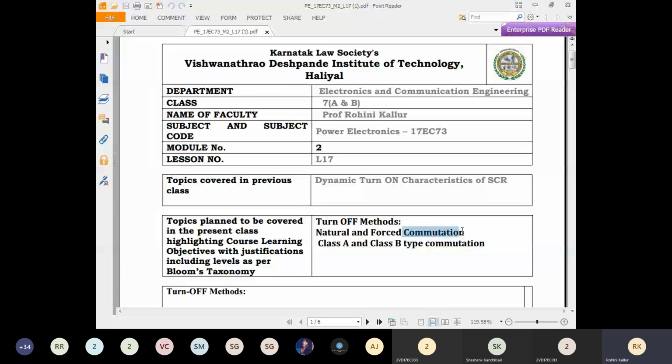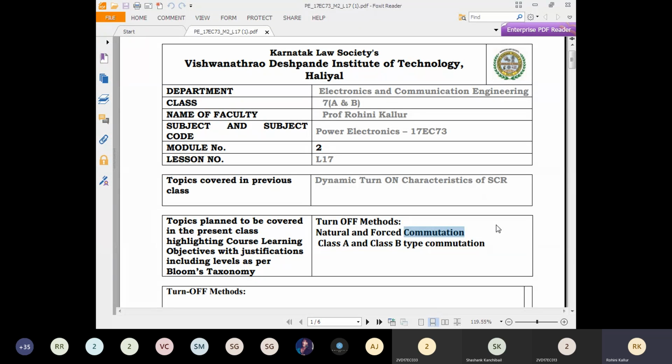So we talk about a concept called commutation. What is this commutation? Whenever a device is conducting, the conducting device will be made to turn off by using this particular process called commutation.